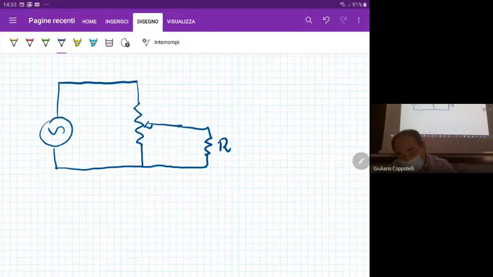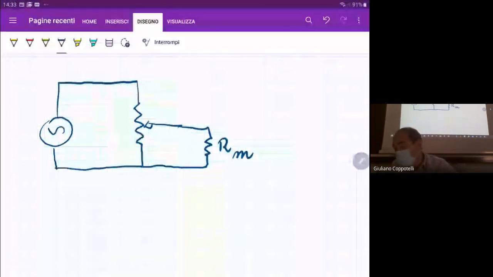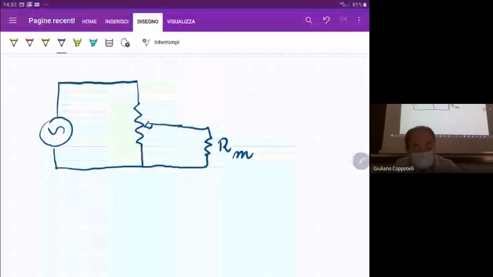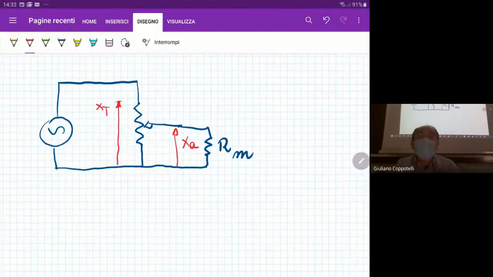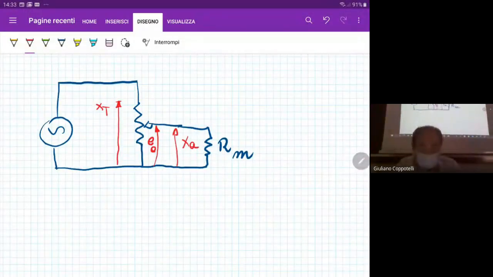This resistance is called Rm, the resistance of the measuring circuit. Then we have once again the total resistance related to the maximum displacement. Here we have the actual displacement corresponding to the actual resistance that is characterized by your E0. Okay, E output.